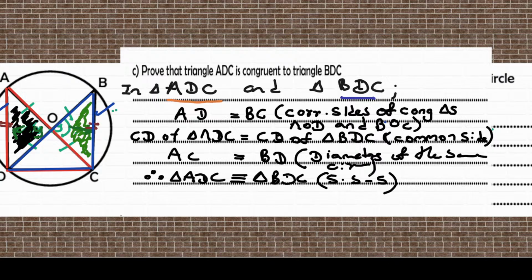Now, some of you might have used SAS. Some of you would say this angle here is 90. In the orange triangle there's a 90, and in the blue triangle too there's a 90 here.